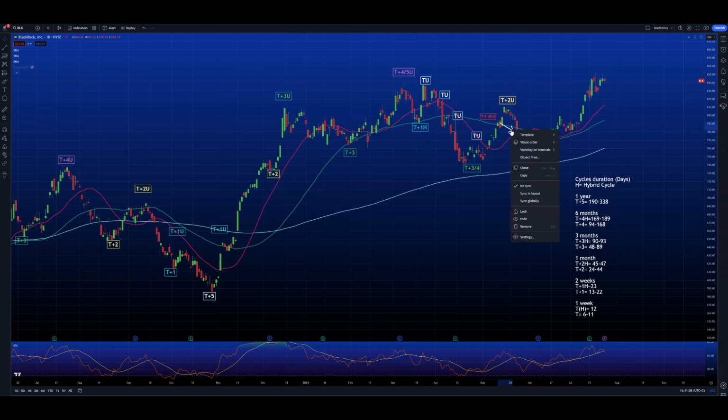And now here, from this low that was made at $740.67, we have mostly the evidence that here we have not just a T plus 3, but even a T plus 4.